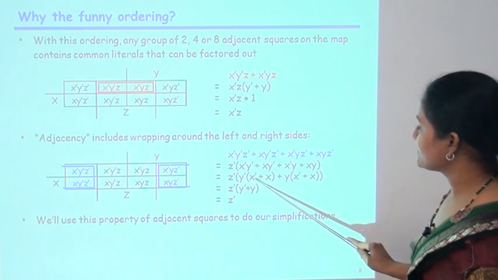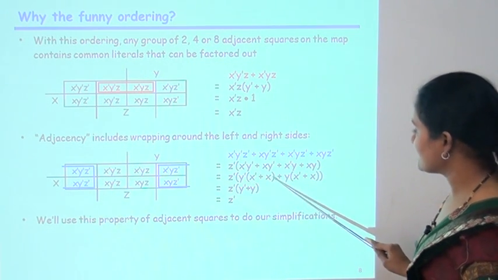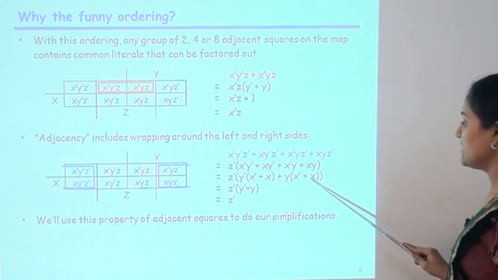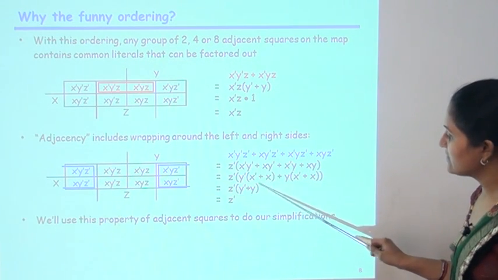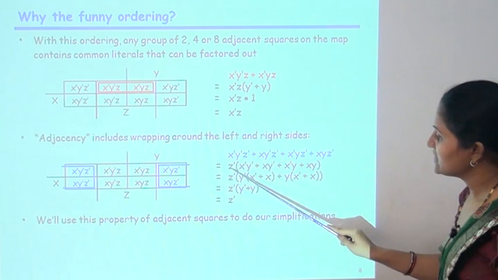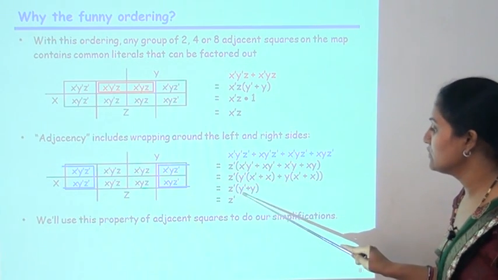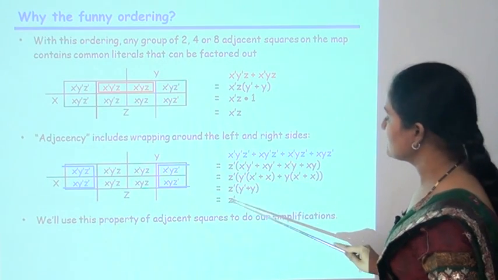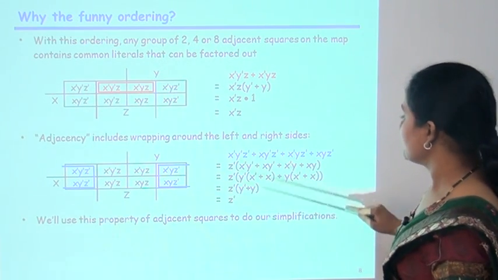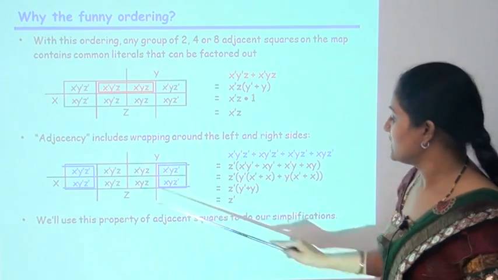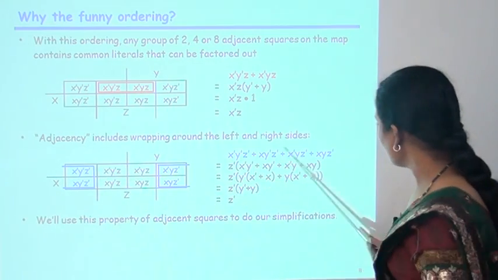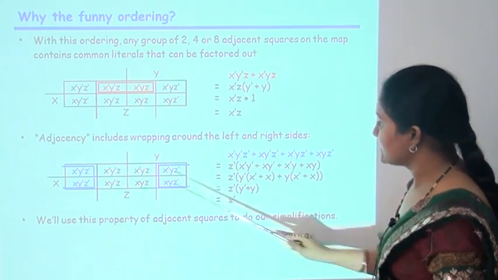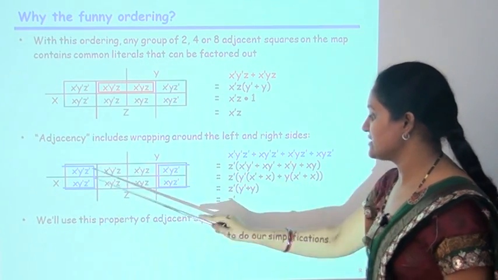So y' into x' plus x, plus y into x' plus x. So here this equals 1 and this equals 1. So z' into y' plus y. Again y' plus y equals 1. So this is equivalent to z' and we got this value as z. So this total is equivalent to z. Hence these are adjacent parts.